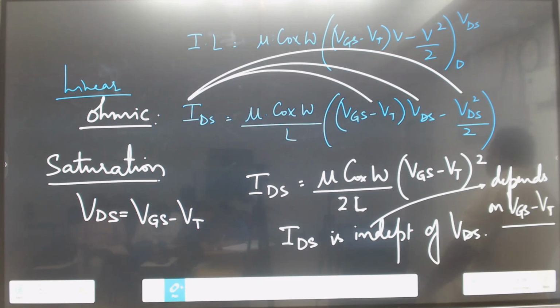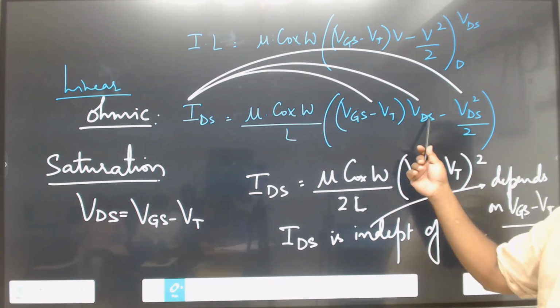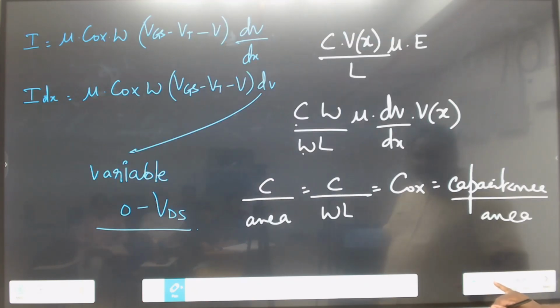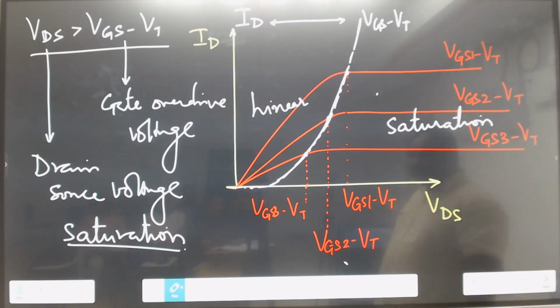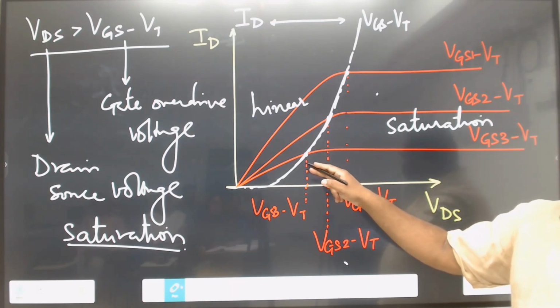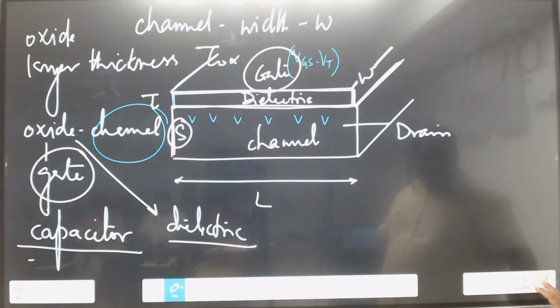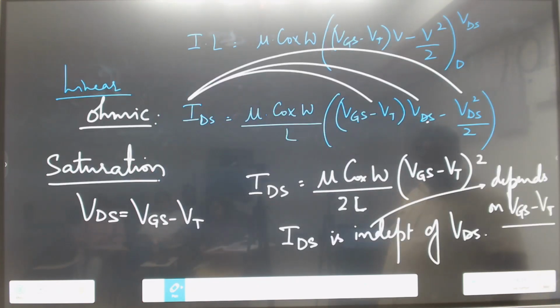This is how you identify the saturation region. What about the linear region? Your IDS depends on VDS as well as VGS minus VT. If you remember, this is what I showed you: linear region, then saturation region. Any questions? Any doubts?